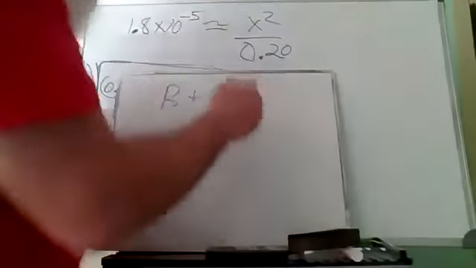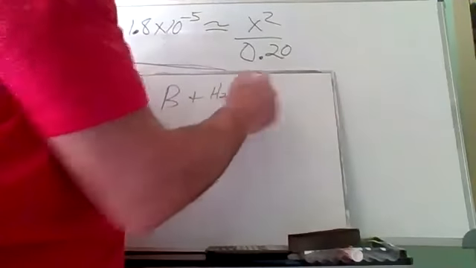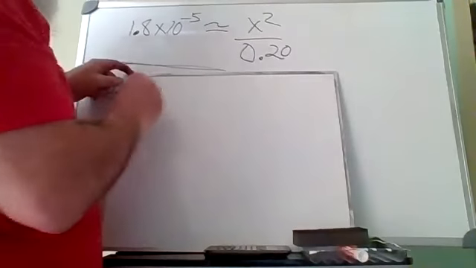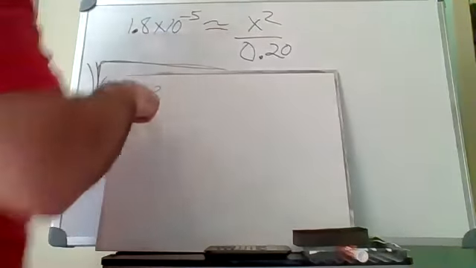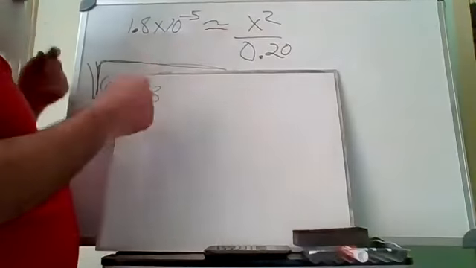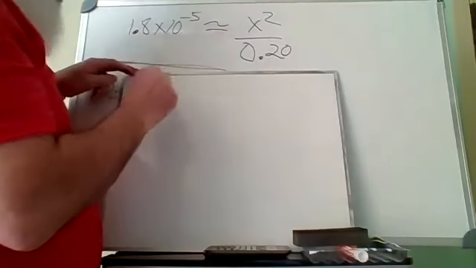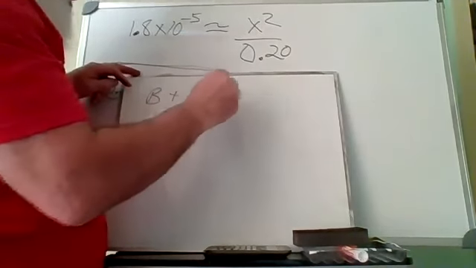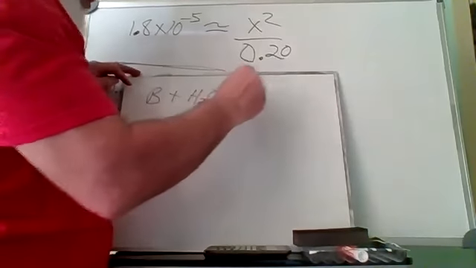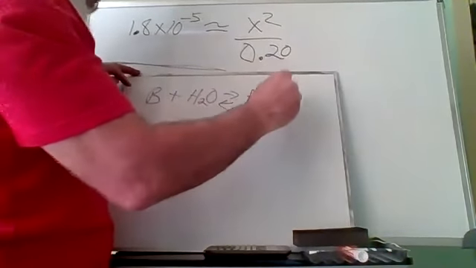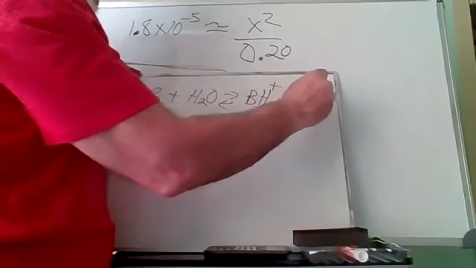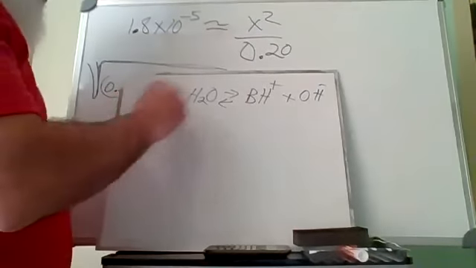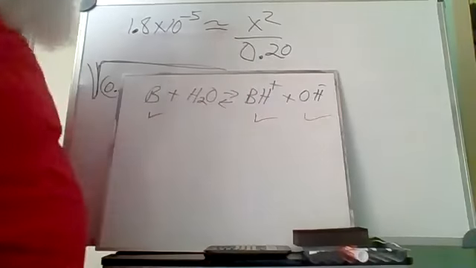That's what we should have used in that quinine problem. I wrote HA, but we should have just written B for base. Plus water gives us, double-headed arrow, BH plus OH minus. Notice in the beaker, we see this, we see this, we see this.